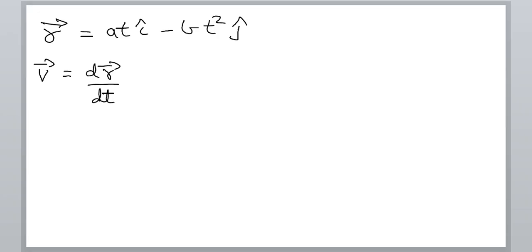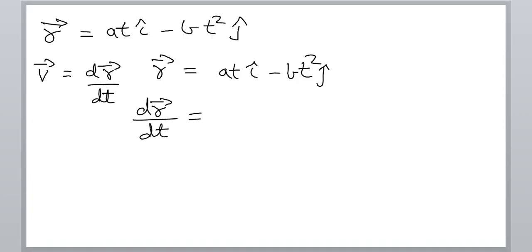So I'll just have to differentiate this equation with respect to time. a and i cap are constants, so they can be taken out of the differentiation sign. Only t will get differentiated, and the differentiation of t with respect to t will be 1.